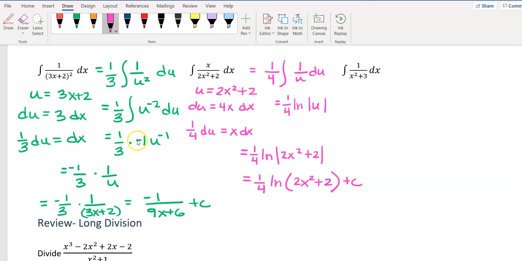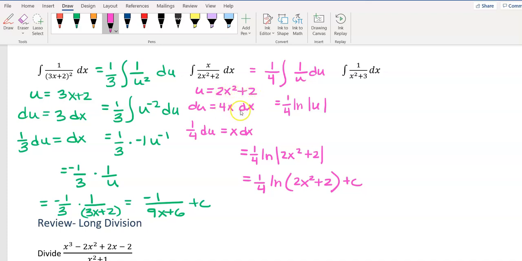So that would be coming negative 1/3 in front, and then the u can go back down to the denominator. Then you can replace u with what u is equal to, which is 3x plus 2, and then you can distribute the terms in the denominator to get a final answer of negative 1 over 9x plus 6, and then plus c.